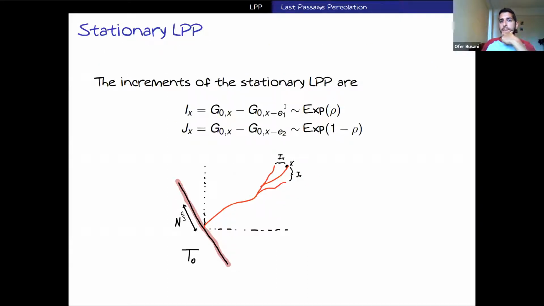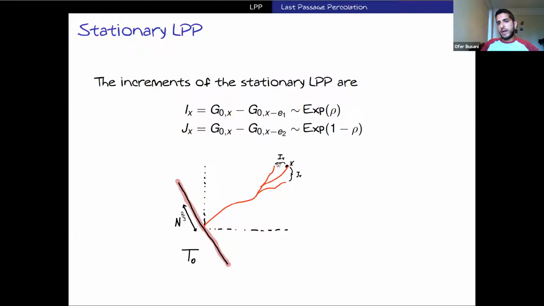Now, once you have a last passage model in general, it endows weights on the edges of your lattice. So for example, you look at the point X. There's this edge to the left of X and below it, two edges.